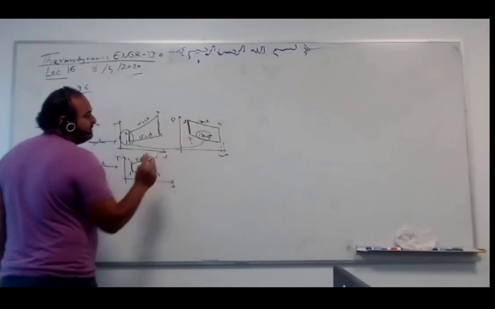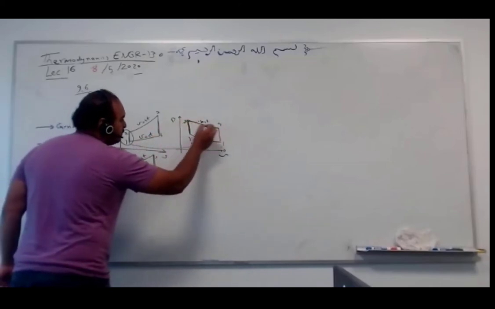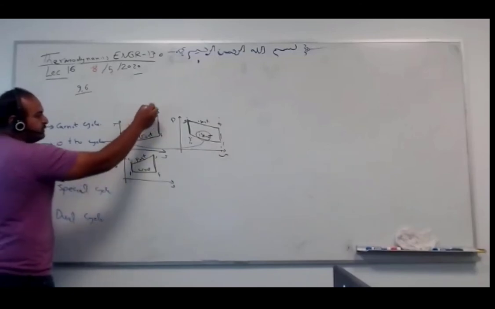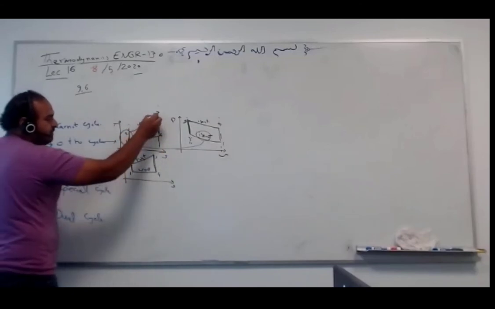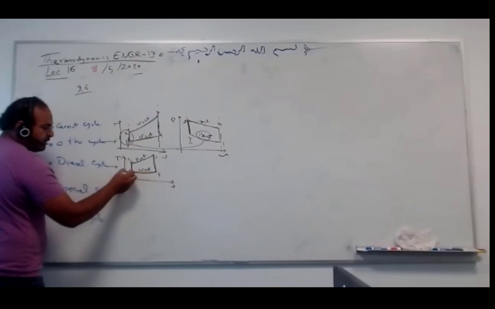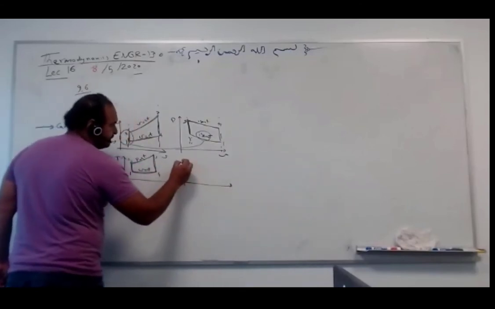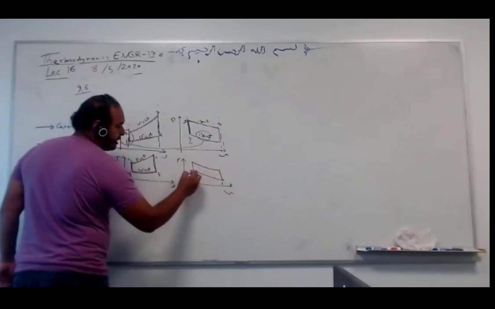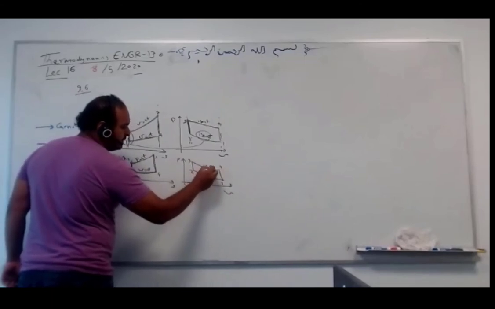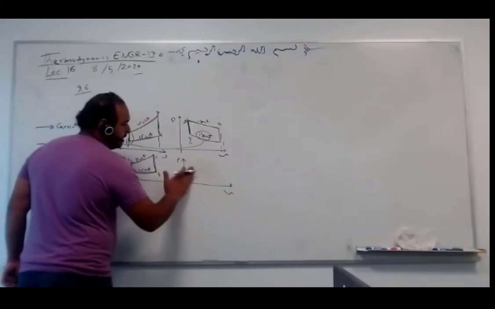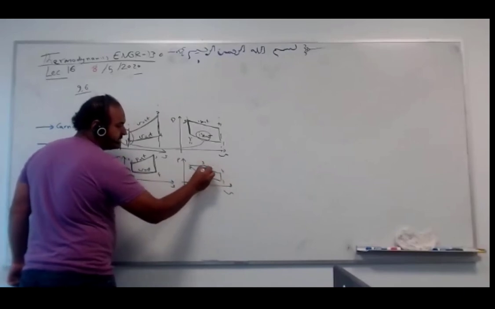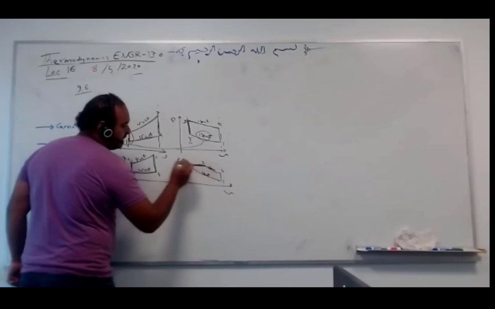That's why you will always see me write isentropic here. I write here V equal constant, V equal constant, P equal constant, V equal constant. Here, PV diagram. Isentropic. Actually, this is wrong. 1, 2, 3, 4. This is isentropic, this is isentropic. So pressure is constant between 2 and 3.